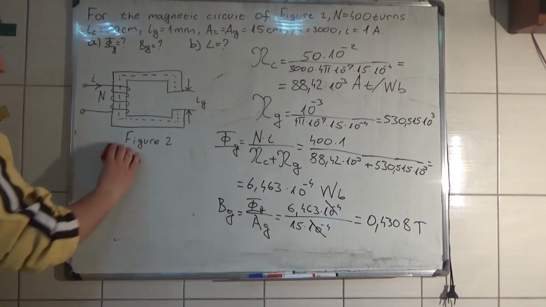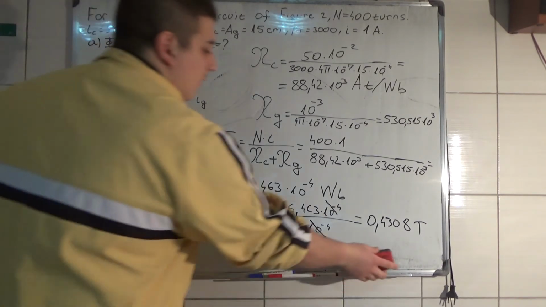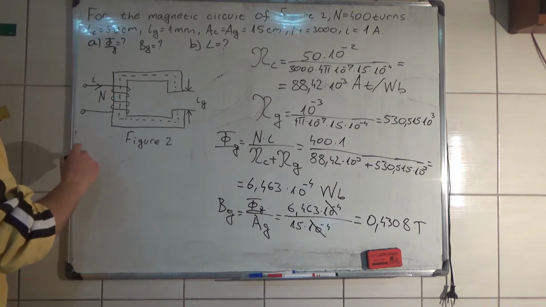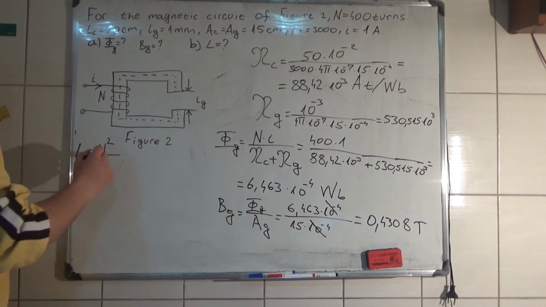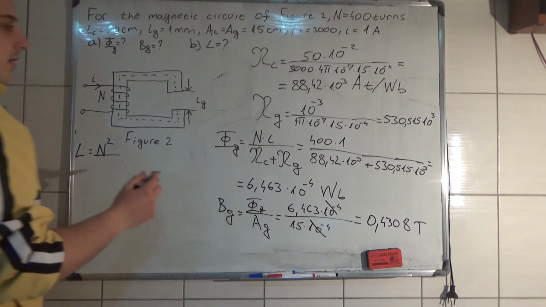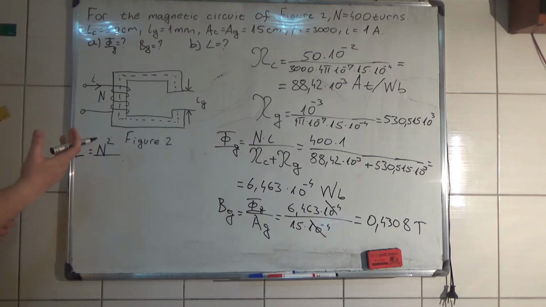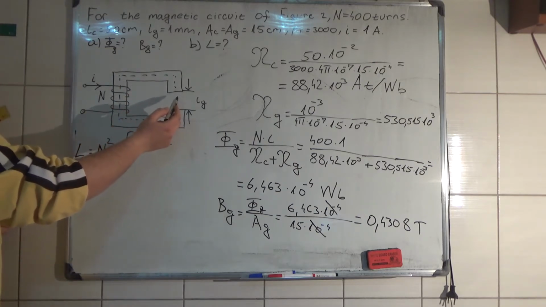There are multiple ways that you can calculate the inductance of this coil, and the best way to do it is N squared, number of turns squared, divided by the reluctance of this magnetic circuit. But in this particular circuit we have a reluctance of the core plus the reluctance of the air gap.